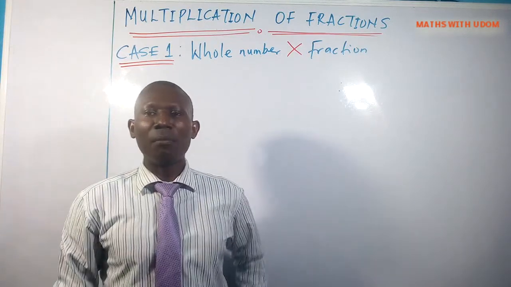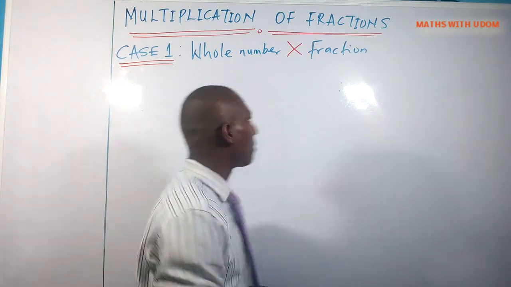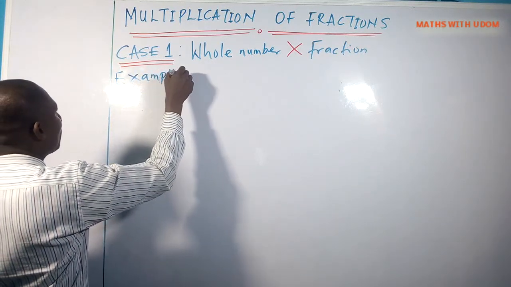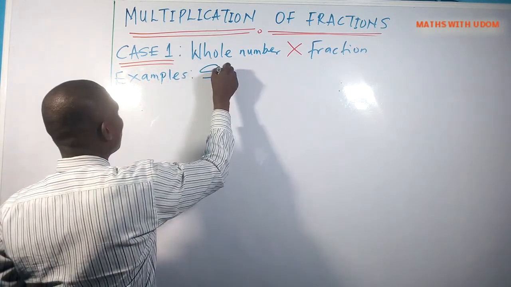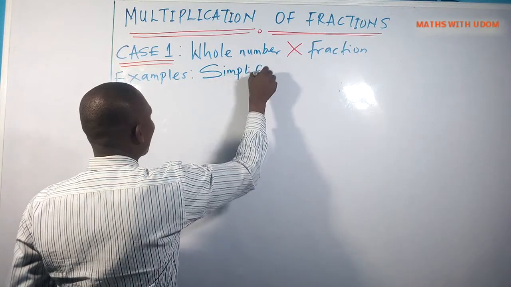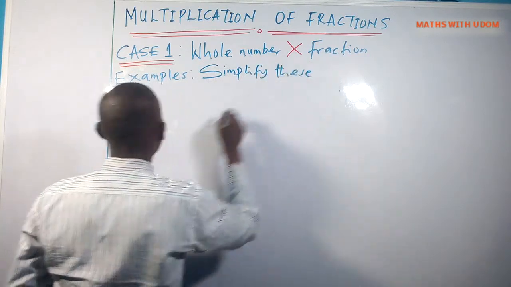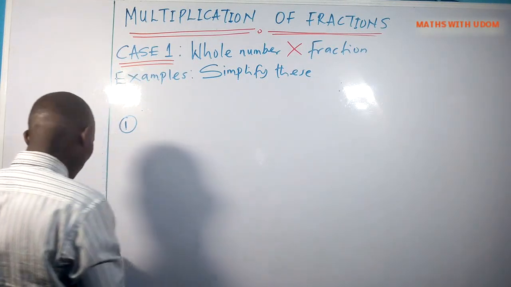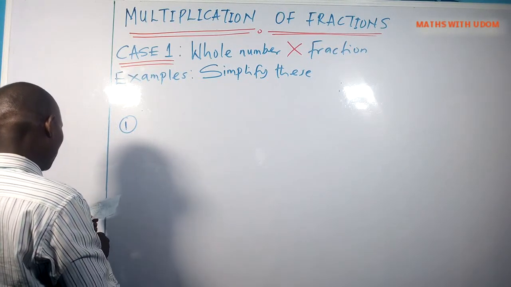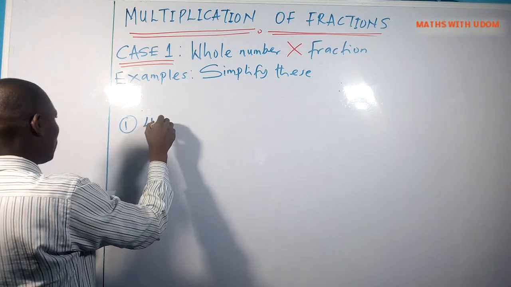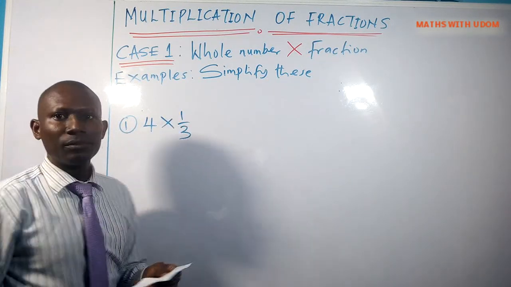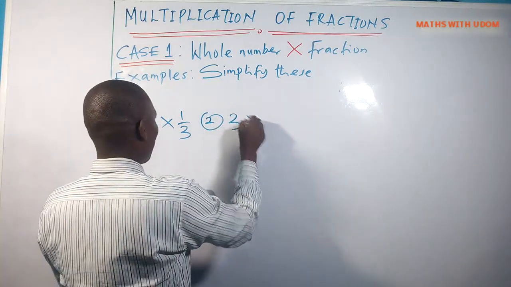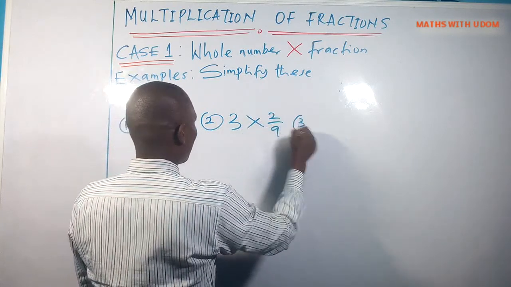So case 1, whole number multiplied by fraction. Let's look at our example. Simplify this. 4 times 1 over 3. 3 times 2 over 9.